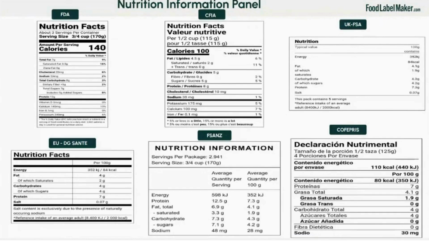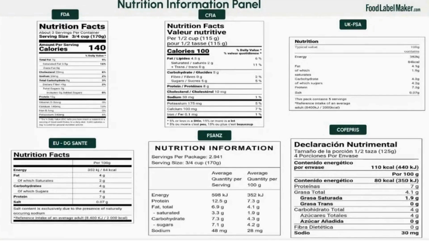And lastly, for COFEPRIS in Mexico, Mexico requires a nutritional panel to be based on 100 grams or 100 milliliters of product, which is declared on this label in the lower right corner, as you can see, and providing information per serving remains optional as well. Okay, so as you can see, one serving is a legal definition that changes at every border. So verifying the local reference amount is your first step in avoiding a compliance rejection.